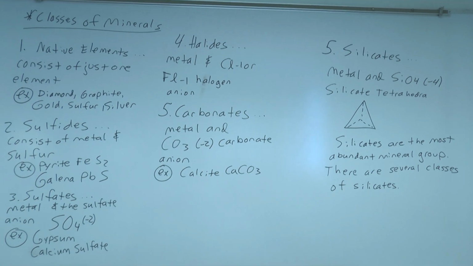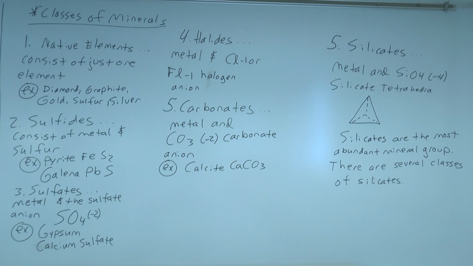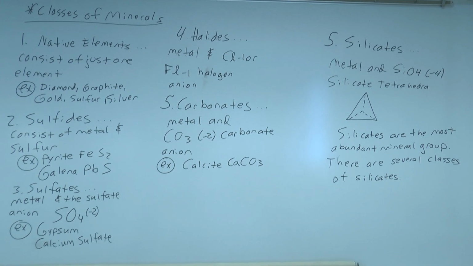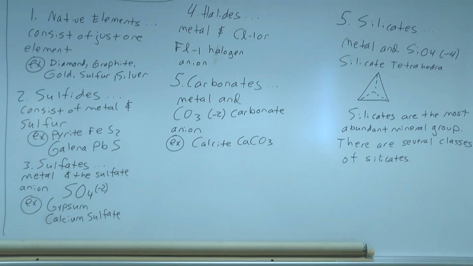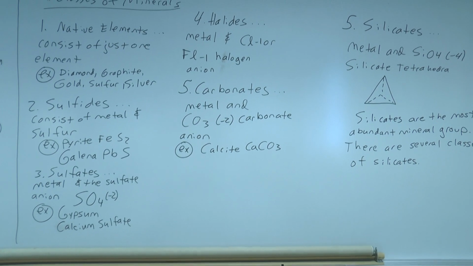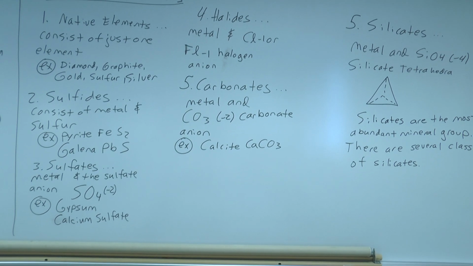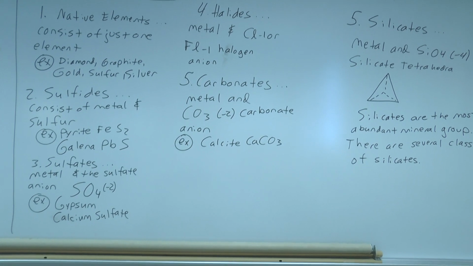So the carbonate anion is CO3 with a -2 charge. There's also a radical carbonate anion with a different charge, but we'll leave that alone. So of course your best example here would be calcite, which is CaCO3, in the medicine Tums, if you'll remember. All right, moving on.